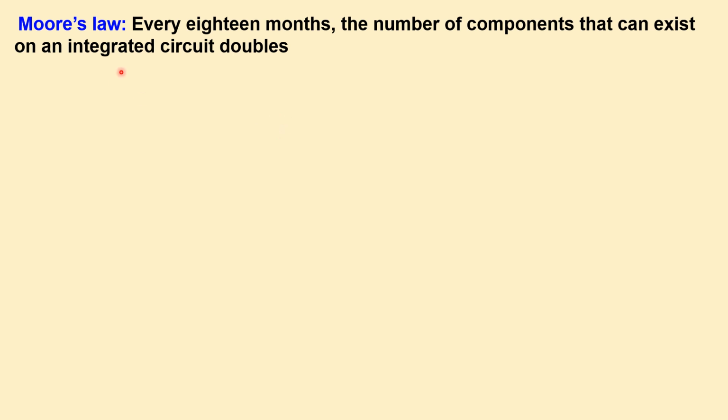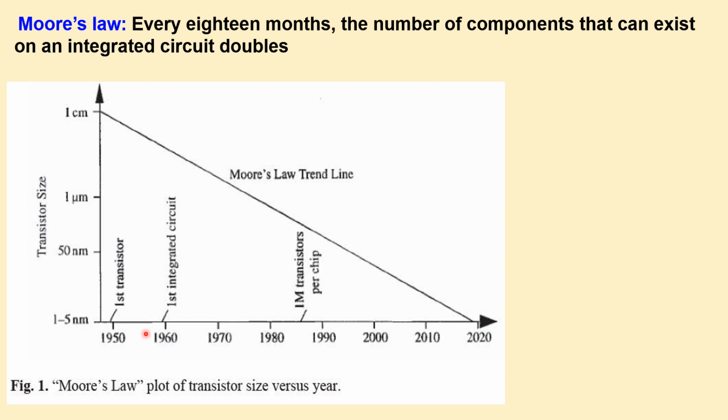Now we discuss Moore's law, which tells that every 18 months the number of components on an integrated circuit gets doubled. And this tells about the size of the transistor. Initially it was in centimeter, then it goes to micrometer range, and now it is in few nanometers.